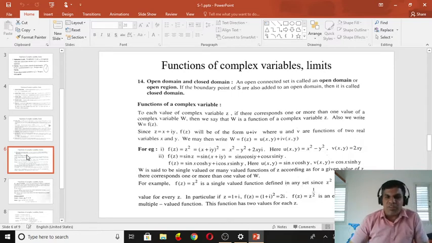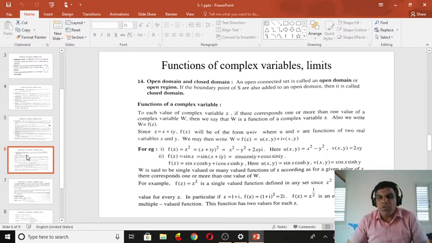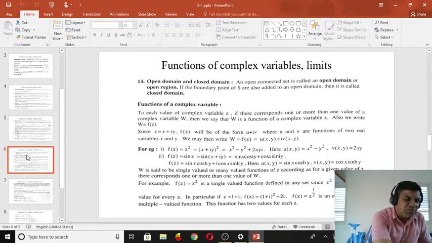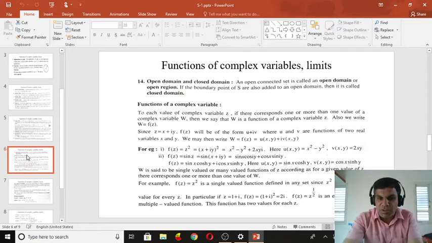Since z equals x plus iy, f of z will be of the form u plus iv, where u and v are functions of two real variables x and y. We may then write w is equal to f of z equal to u of x comma y plus iv of x comma y. This is a complex variable function, complex functions.